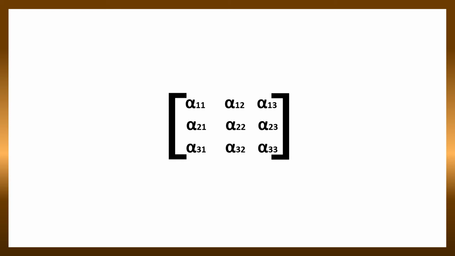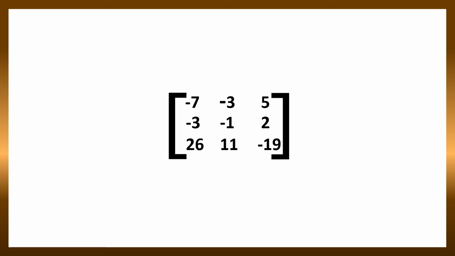The next step is to put these values in the right position inside the matrix. The cofactor of first row, first column element should be put in that position itself. These are the values of cofactors calculated, and it is put in the right position. Alpha 1 1 is put in the position of A11, alpha 1 2 is put in the position of A12.